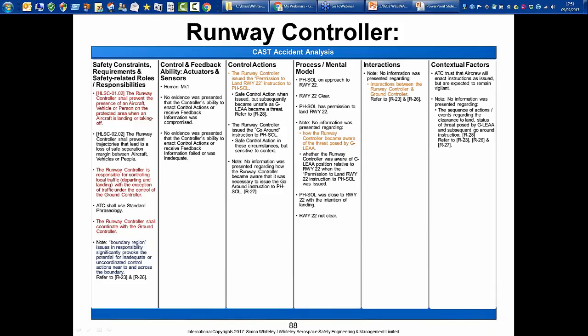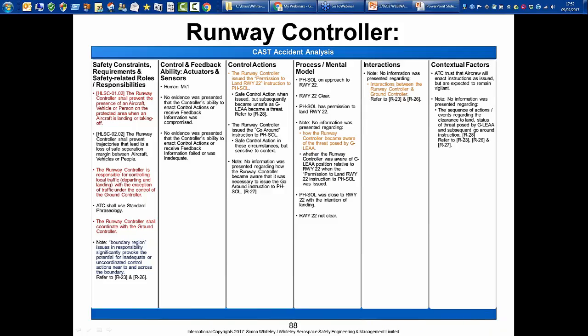So it'd be interesting to understand what the sequence of actions and events were regarding the clearance to land, the status of the threat posed by G-Lear, and how that became knowledge, how they became aware of that, and then how they dealt with it. For me, that's very important.